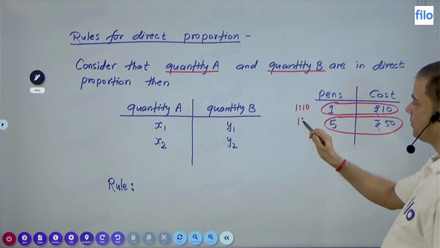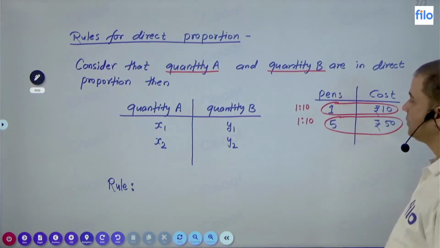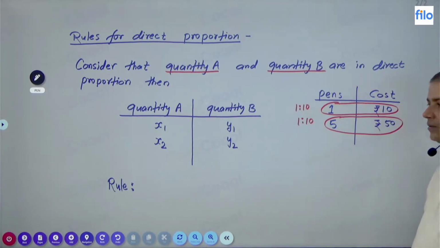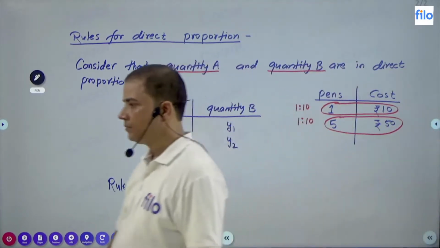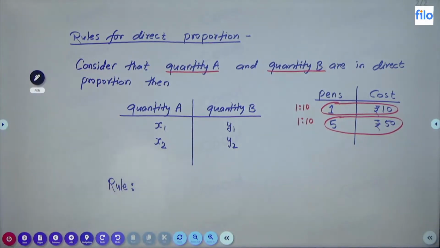Oh my god. You haven't heard the name ratio? It's very shameful. You say you heard. You are behaving like you haven't heard.